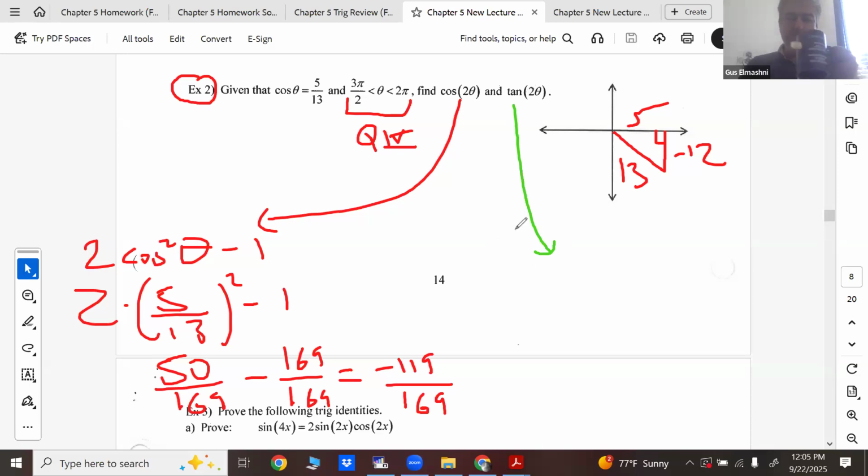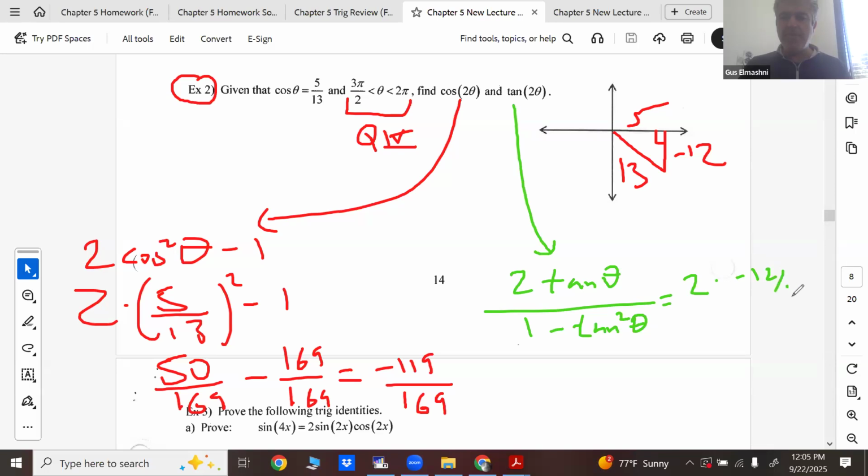Tan 2 theta is going to be 2 tan theta over 1 minus tan squared theta. And that's going to be what? Negative 12/5, over 1 minus negative 12/5 squared.